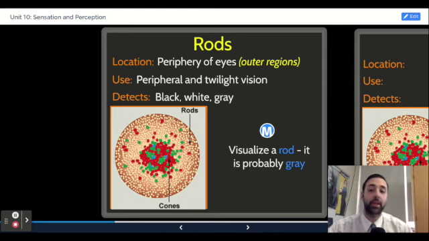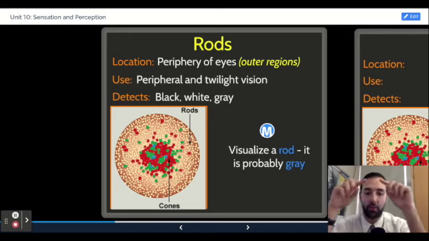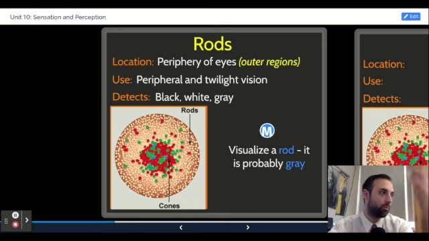Your rods are also responsible for twilight vision, or vision in the dark. Obviously, humans don't have nearly as strong night vision as other animals, but the night vision that we do have is facilitated by our rods. What's interesting is that because the rods are on the periphery of our eyes as opposed to straight ahead, at night, let's say you're walking around your room and it's pitch black, and you're looking for your phone, you don't remember where it is, and you don't want to turn a light on because it would disturb you.